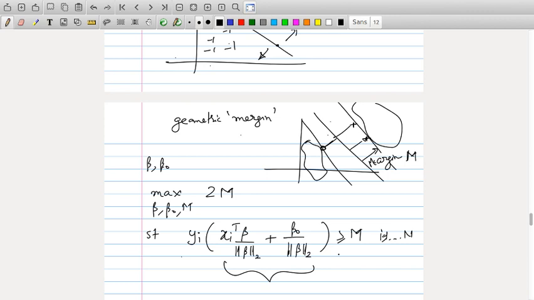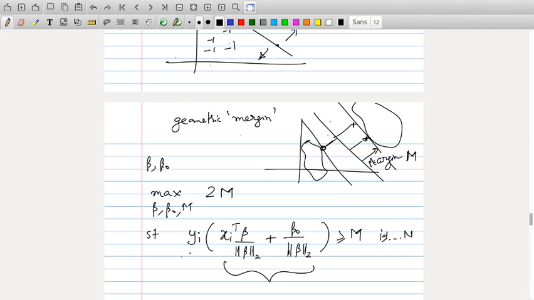So margin is this geometric number that I told you, the smallest distance of all points to this hyperplane. I just want the number on the left hand side to be greater than that number for every point in my data set. This number is going to be positive or negative depending on the sign of the points, so that's why I multiplied it with yi.